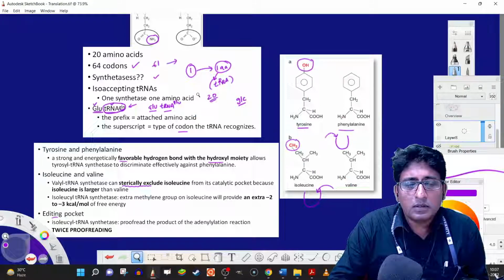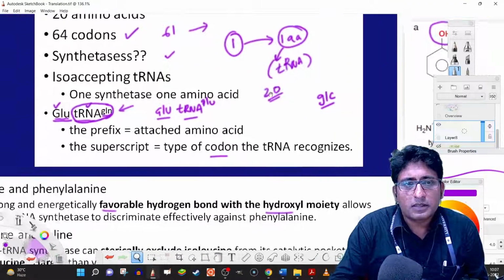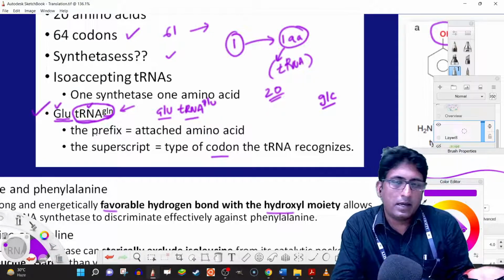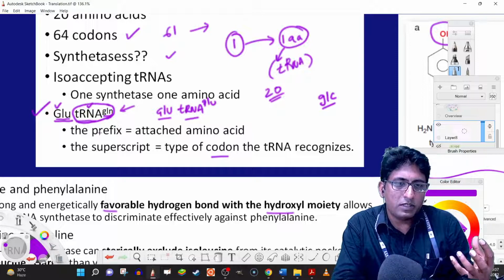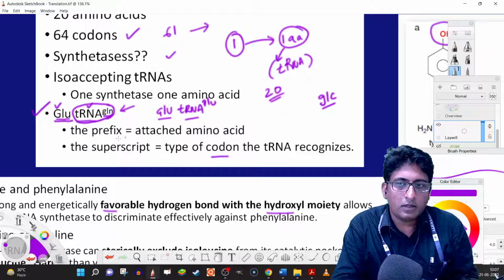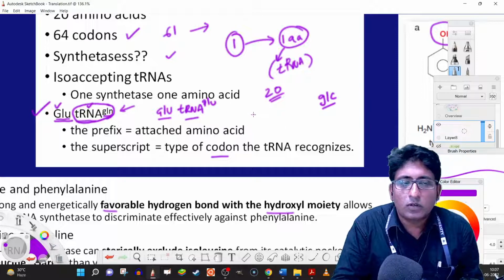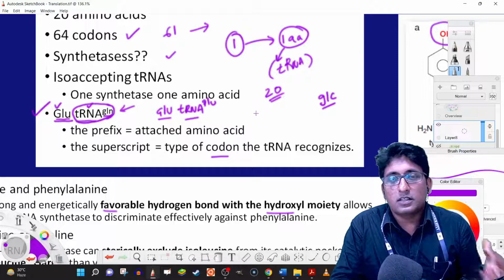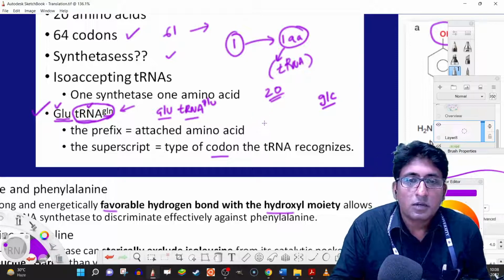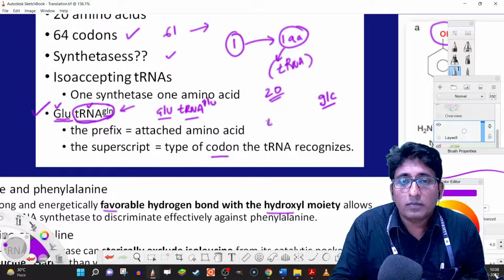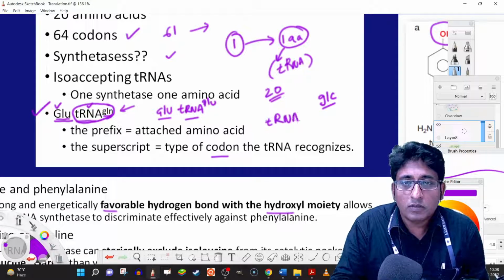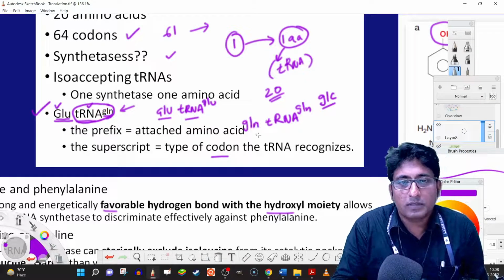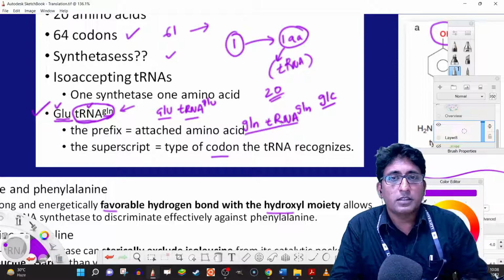There is one aspect here: in situations like this where glutamic acid is added to a tRNA, in some bacterial species the tRNA synthetase for glutamine is not present, meaning there is no way for the tRNA for glutamine, GLN, to be charged directly with glutamine, because that particular tRNA synthetase is missing.